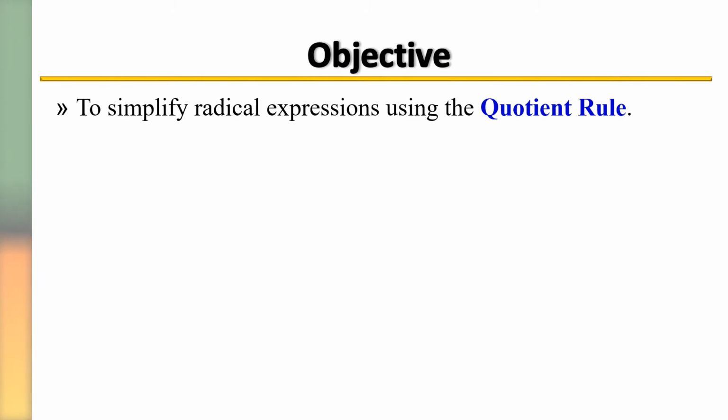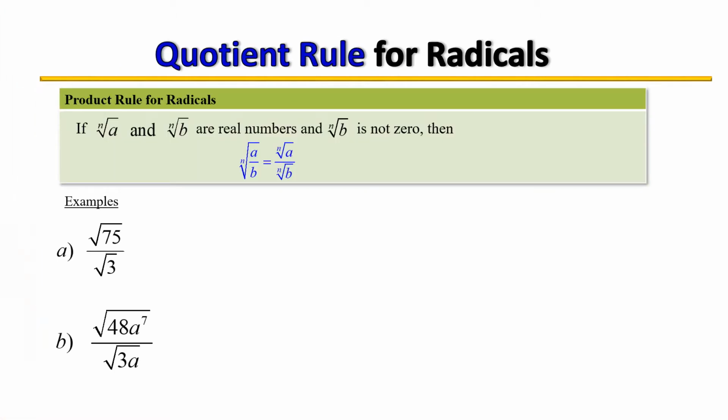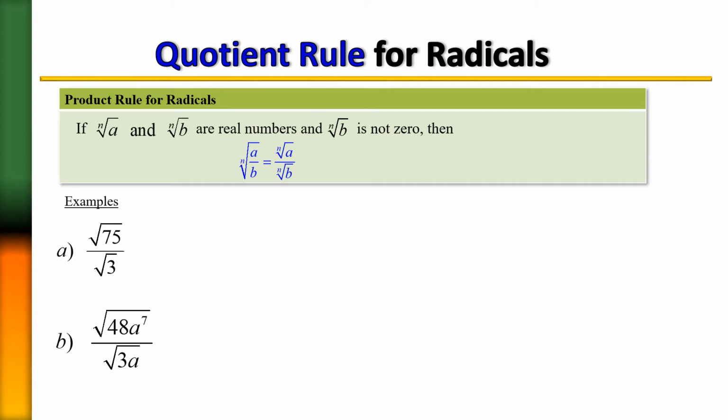In this example, we're going to simplify radical expressions using the quotient rule. Now, the quotient rule is a form of division or fraction.